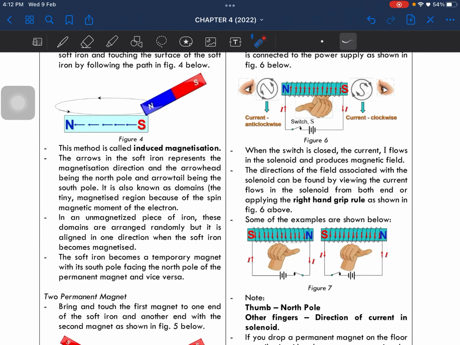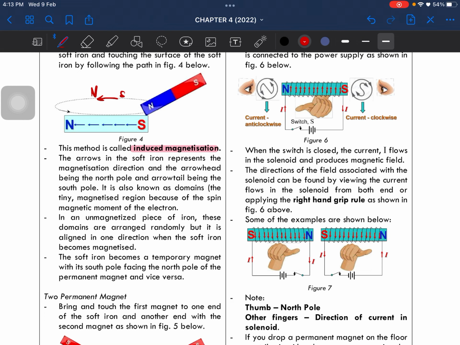And this method, what we are doing here, is known as induced magnetization. We are inducing magnetization lah. The arrow represents the magnetization direction, and the arrowhead is the north pole, whilst the arrow tail is the south pole lah.